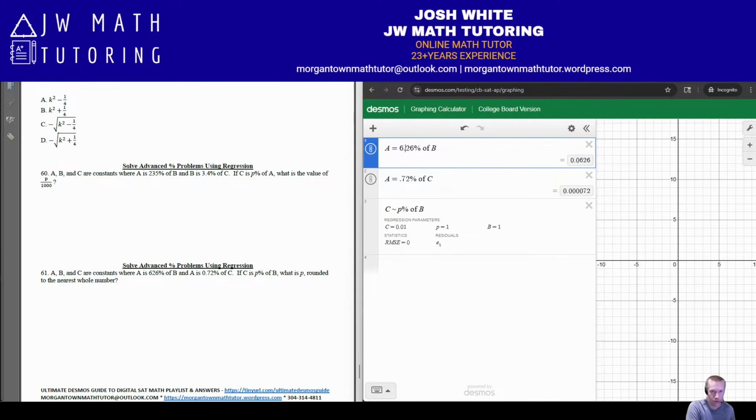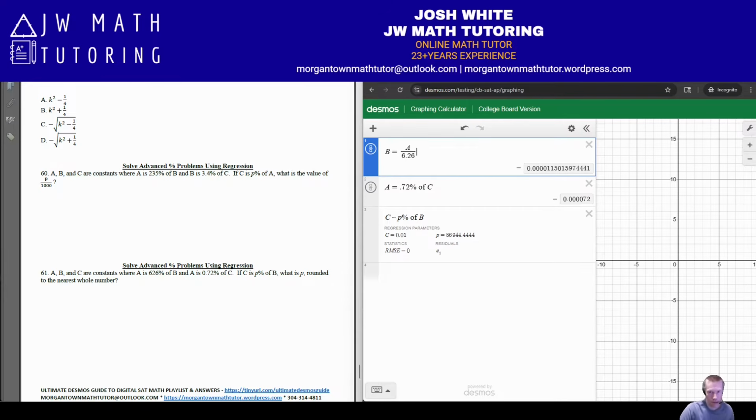So get rid of this and change it to 6.26 times B, which is the decimal equivalent of 626%. Just doing that didn't change anything; everything else stayed the same. So now get rid of this, and there. This is what we want.